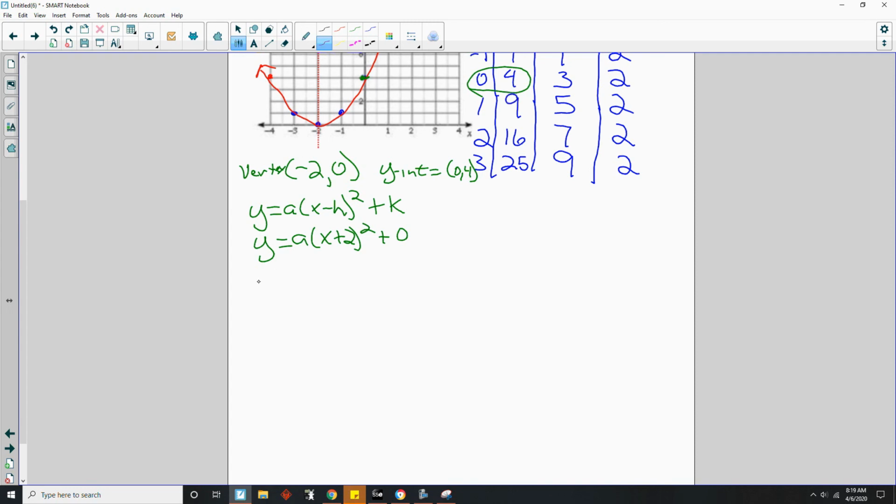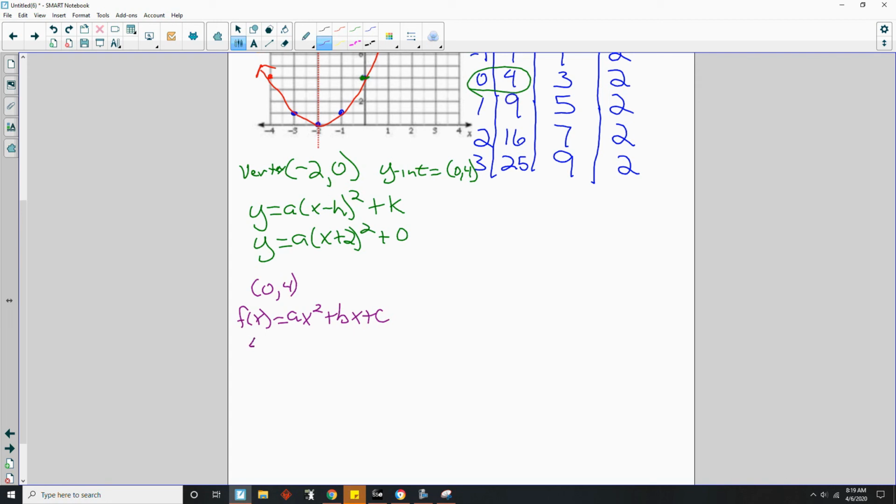So if I use the point that we were given, 0, 4, in the equation f of x equals ax squared plus bx plus c, the point 0, 4 is my y-intercept. That means x is 0 and my y-intercept is 4.